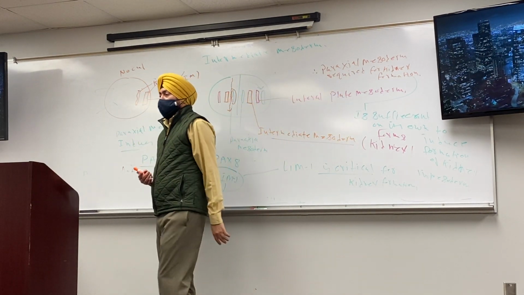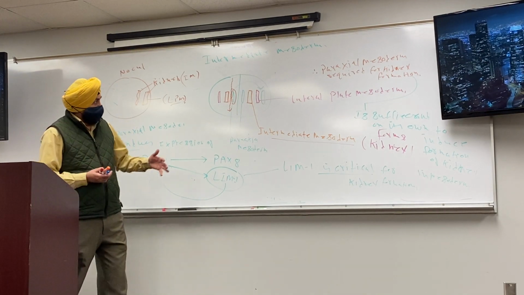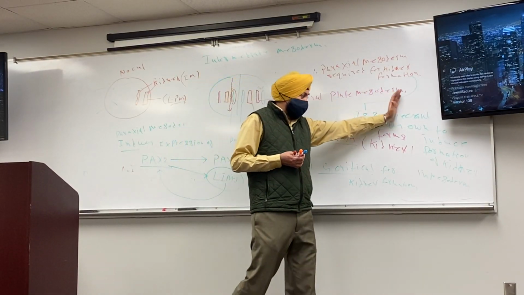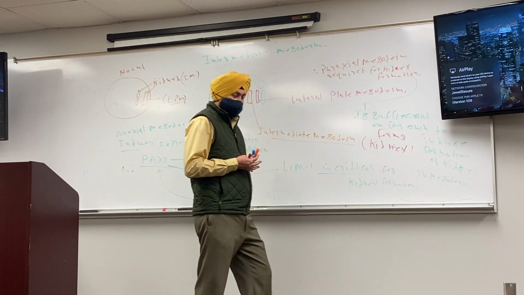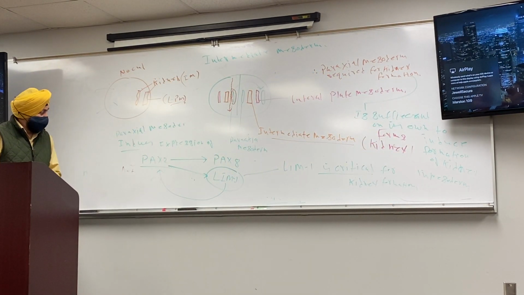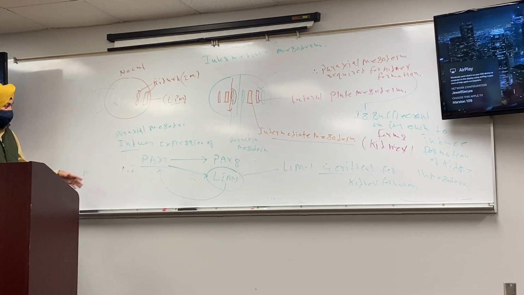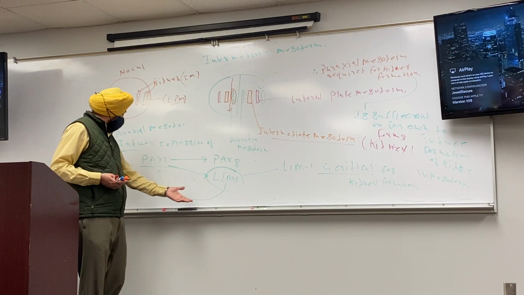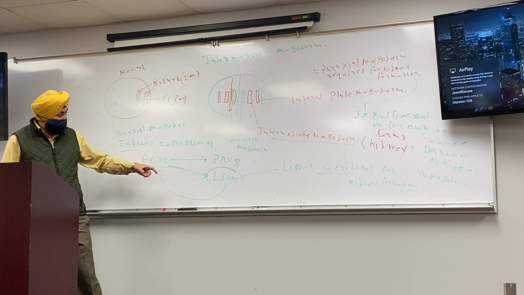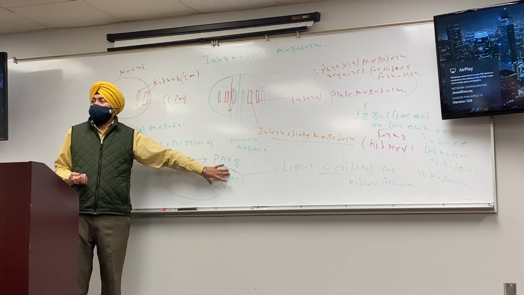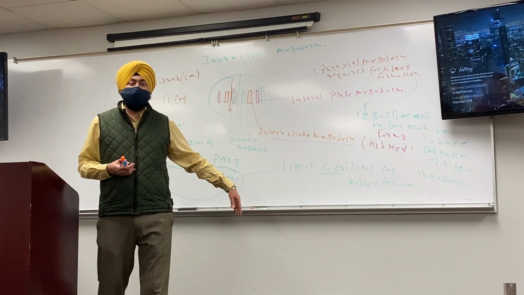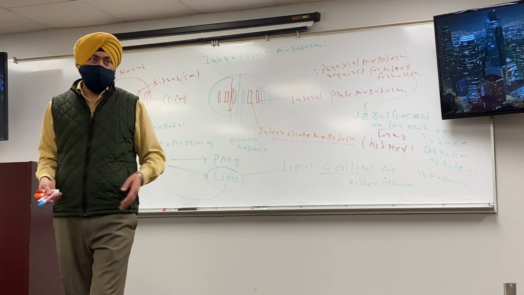So paraxial mesoderm is required for kidney formation and is sufficient on its own to induce the formation of kidney. It induces expression of PAX2, PAX2 induces PAX8, and PAX2 also induces LIM1, and LIM1 further regulates PAX2. But LIM1 is critical for the kidney formation. If you knock down LIM1, no kidney; overexpress LIM1, you can have multiple kidneys in multiple places.